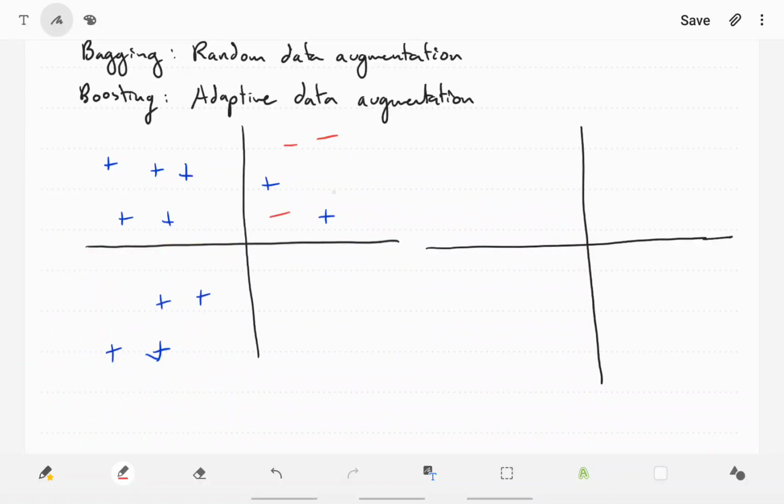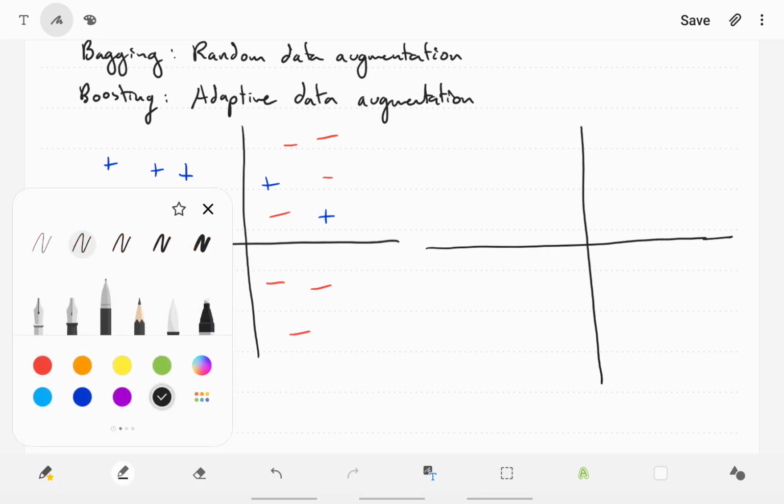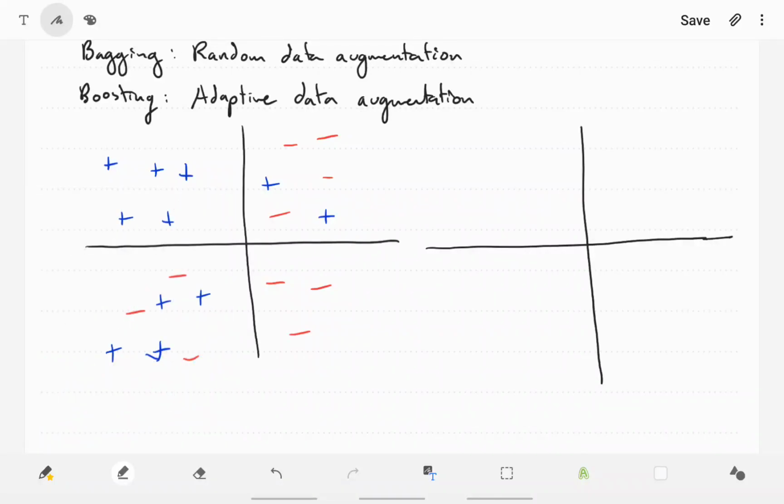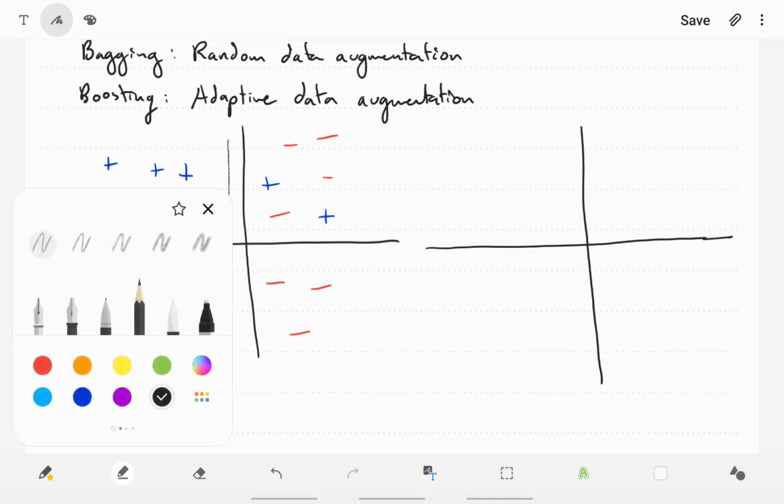Maybe we have a lot more minuses over here, maybe many minuses over here, and a scattered group of minuses here, right? So suppose this is our data set, and then we were to train a very simple decision tree. So let's just say it's a single split. So perhaps the way we would split our data would be down along this line, and we would say that everything on the right-hand side is predicted minus, and everything on the left-hand side is predicted plus.